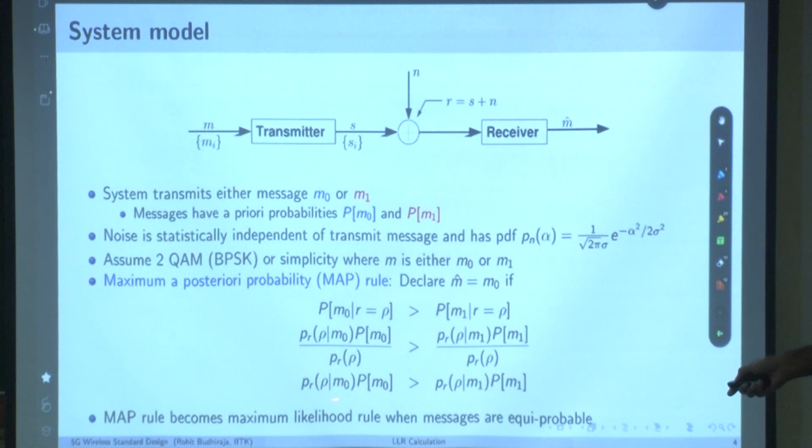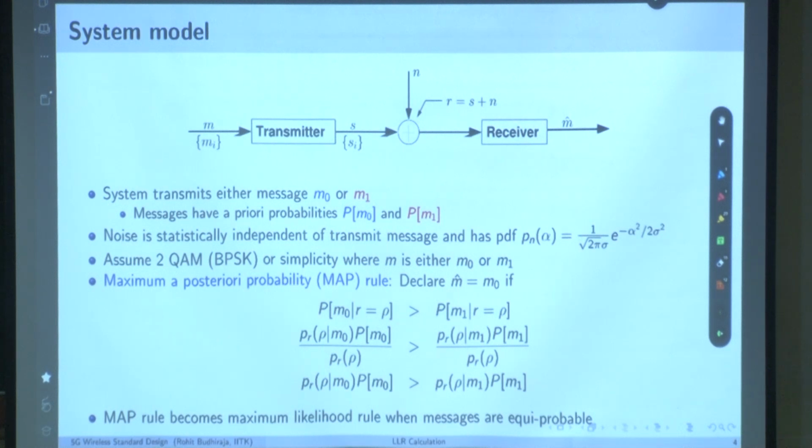This, and this is called the likelihood. From the a posteriori probability, we have moved to the likelihood. If you maximize only this, it is called the maximum likelihood rule. So another key thing is MAP reduces to ML when messages are equiprobable, and the reason is this. This is MAP and this is ML, likelihood.